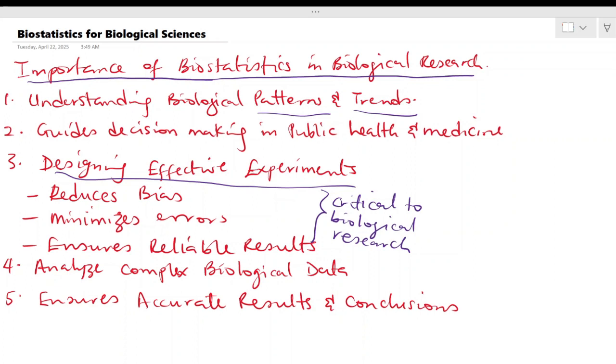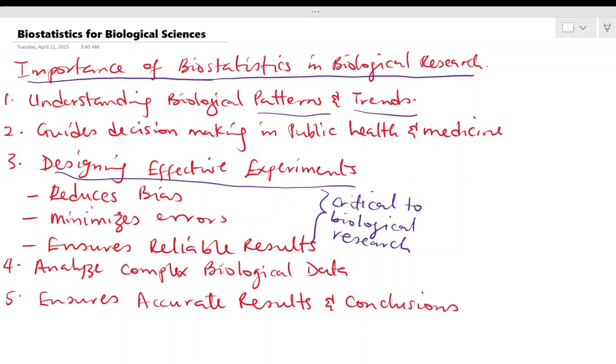By finding these patterns, researchers gain insights that could lead to a new discovery or solution in health and environmental issues. So it helps biologists, scientists, and those in the biological sciences to understand patterns and trends.